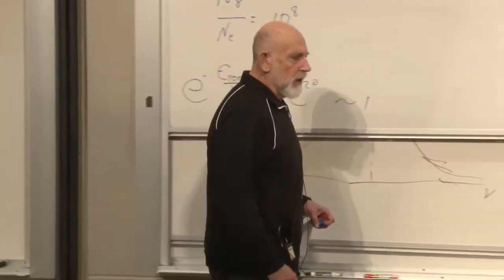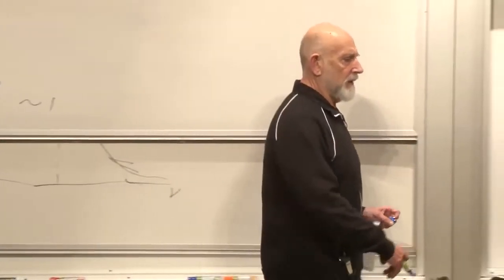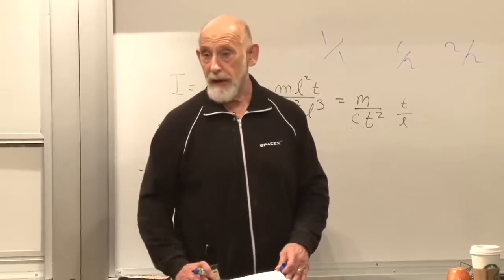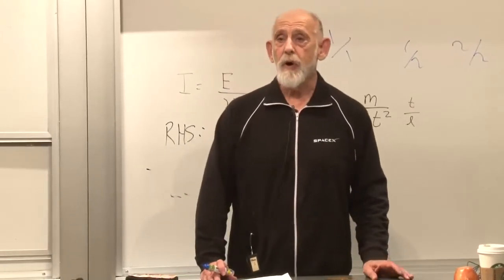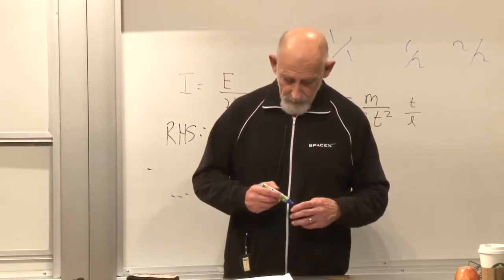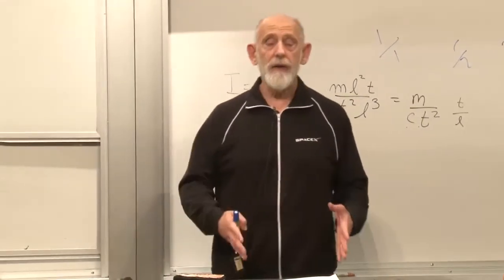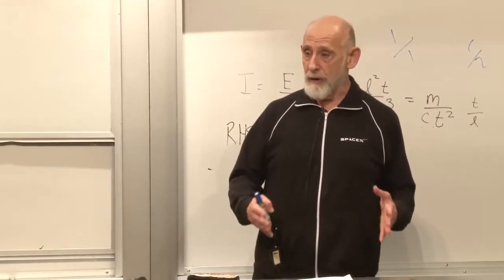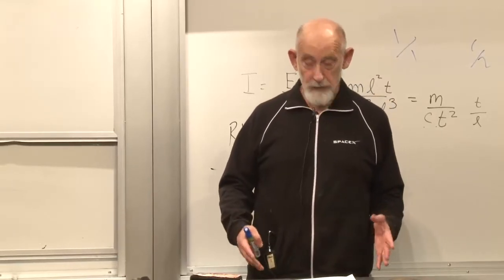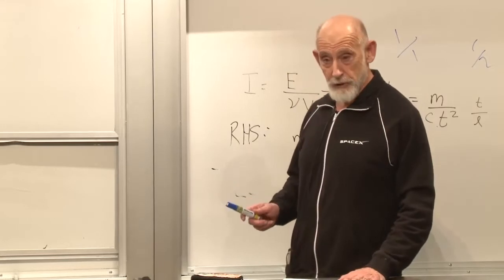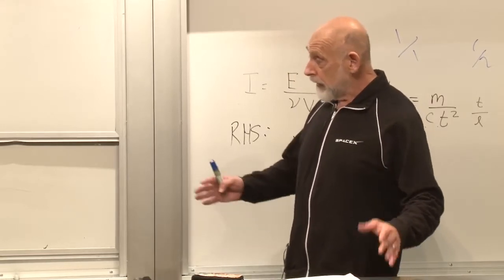No. As far as the ratio of these numbers go, that was frozen in. There was no mechanism within this box for changing either the number of photons or the number of electrons or the number of protons, at least not until the temperatures are very, very much higher than we're talking about.